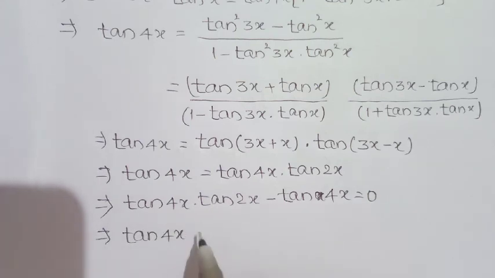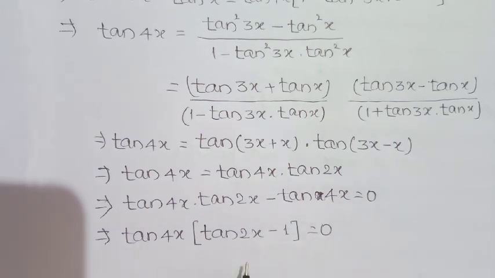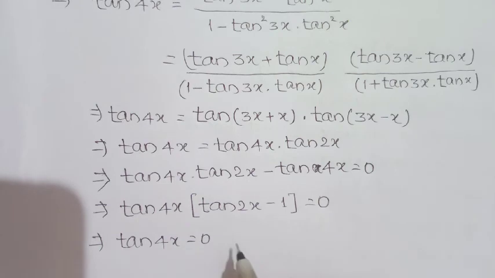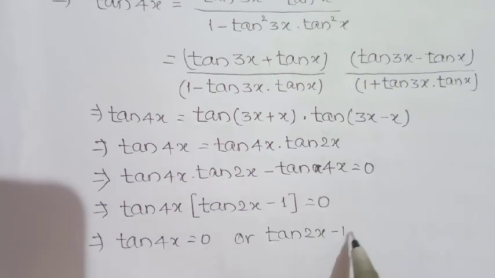The term within the bracket is tan 2x minus 1. Again see, the product of two terms becomes 0, which is possible only when either of them is 0. So either tan 4x equals 0 or tan 2x minus 1 equals 0.